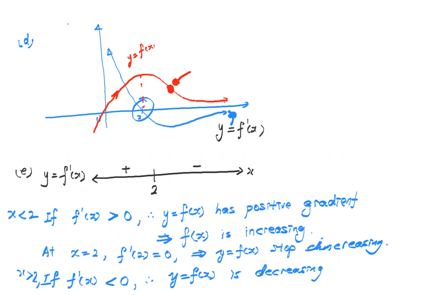Are you clear? So, sign diagram. These two sign diagrams have a relationship. From the sign diagram of f prime x, I can know roughly how the f x graph goes. So in the exam, in SAT 2, you surely get a question whereby I give you all these sign diagrams and you have to interpret.